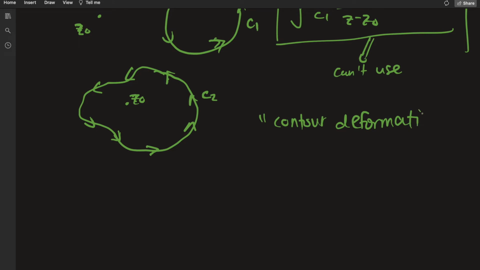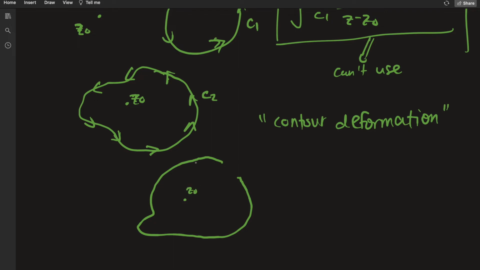Contour deformation. How do we deform this? This is a very clever technique, extremely important in complex analysis. I think we'll do it a couple of times. So assume this is the same contour as before, with z naught over here somewhere.